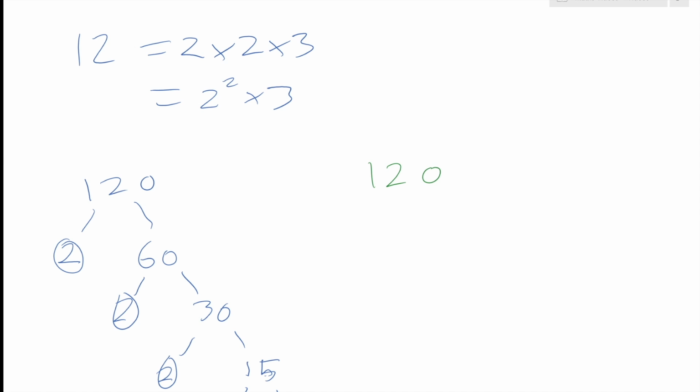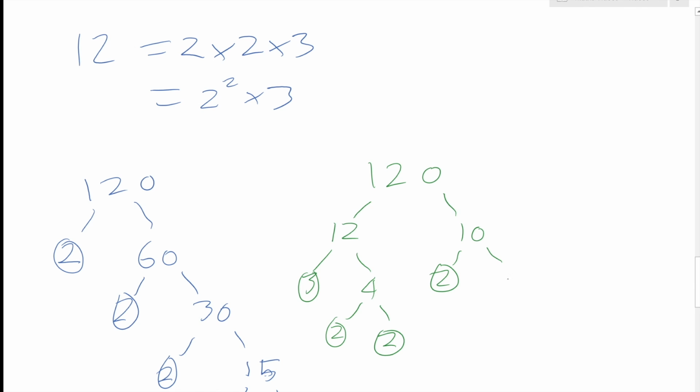Now, I've done it there by always breaking off a prime number every time. But you don't have to do that as long as at the end all you have are prime numbers. So I could have started with, say, 12 and 10, neither of which are prime, but they still multiply together to get 120. Now 12 I can break off as 3 and 4, and that 4 breaks down again to 2 and 2.